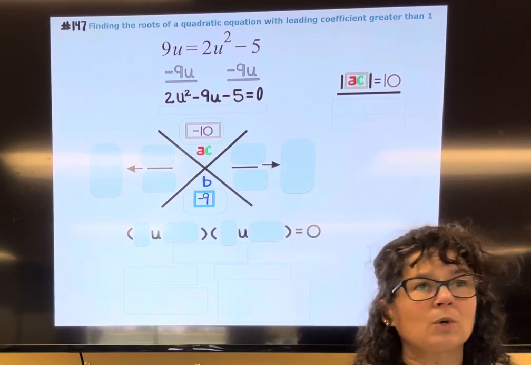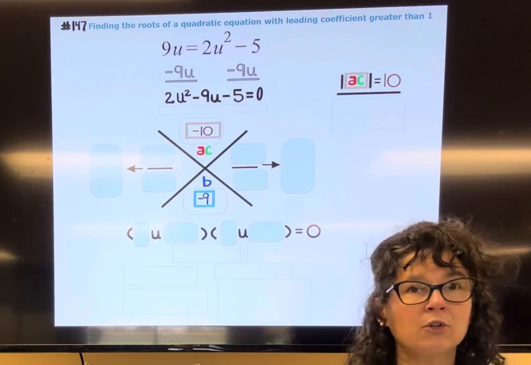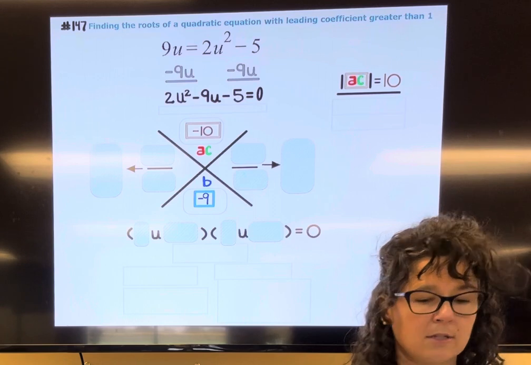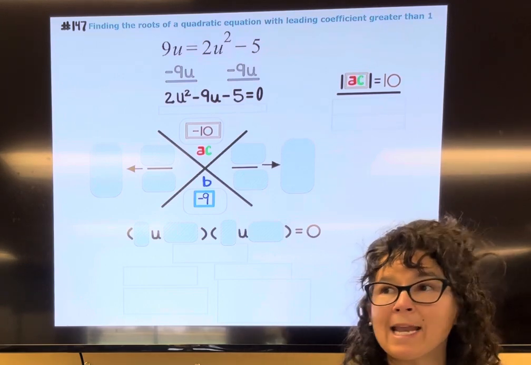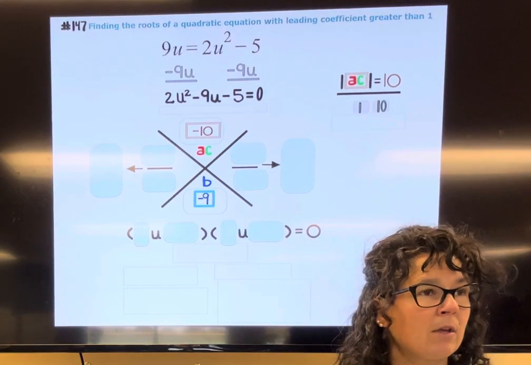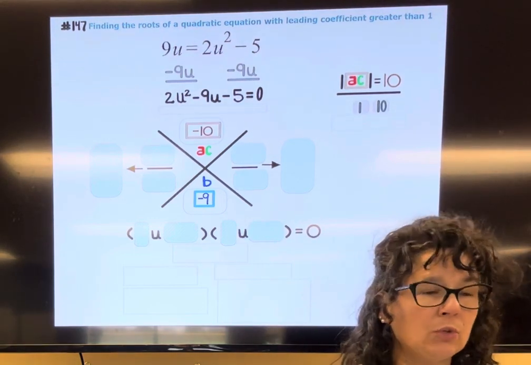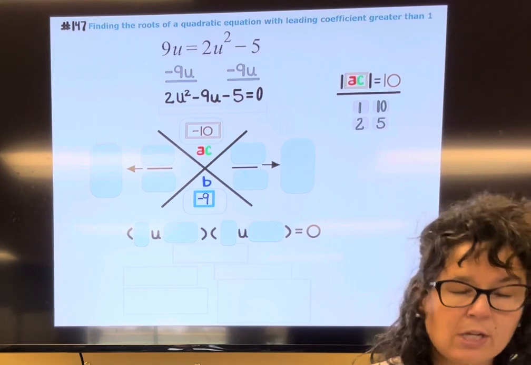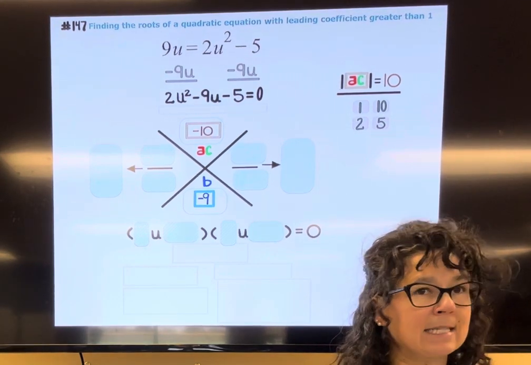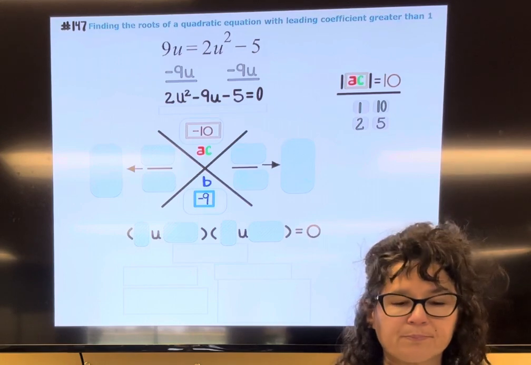If the number is really large, like 300, then use your calculator to help you find all those pairs. Start off with the number 1 and itself, so in this case that would be 1 times 10. Then if I divide 10 by 2, I get 5, so I have 2 times 5. If I divide 10 by 3 or 4, I get decimals, so those ones don't work.